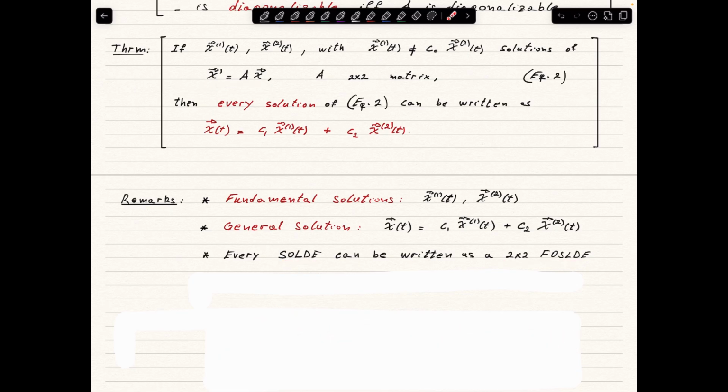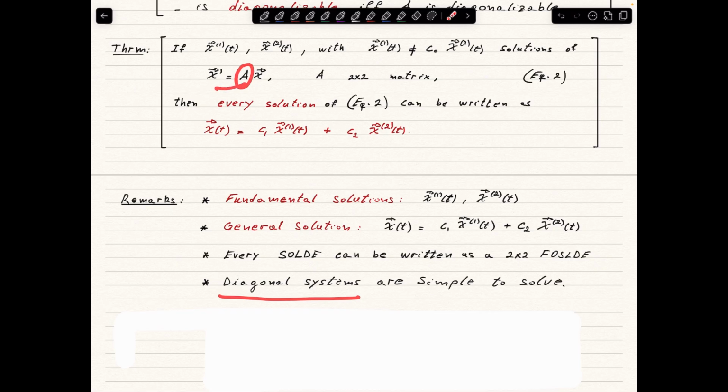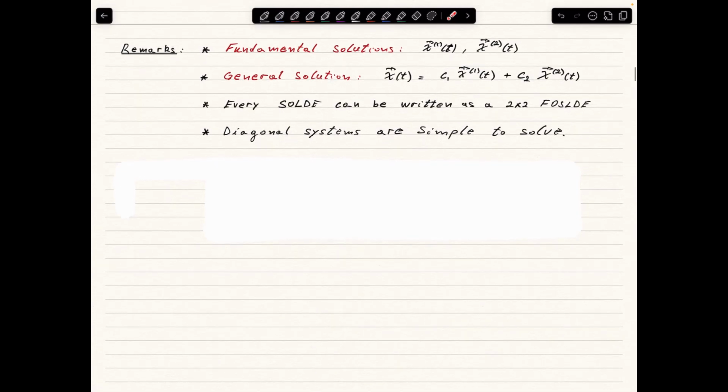One last remark is that diagonal systems, where this matrix of coefficients is a diagonal matrix, are very simple to solve. And we are going to see that in an example.